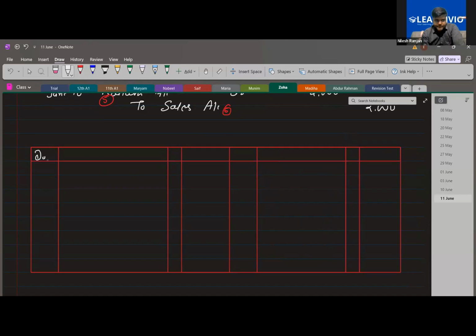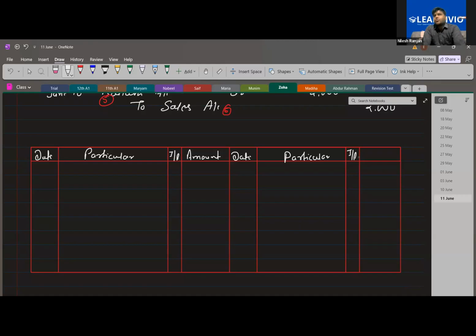So date, particular, JF, amount, then again date, particular. Actually, the JF column will be blank, because I told you in the journal also that LF we generally leave blank.